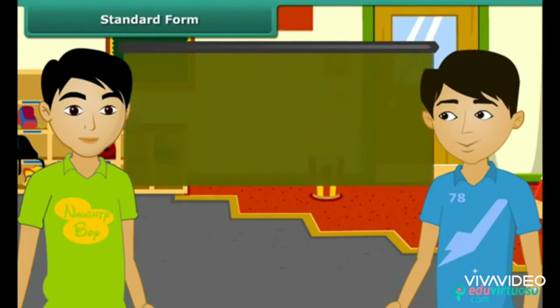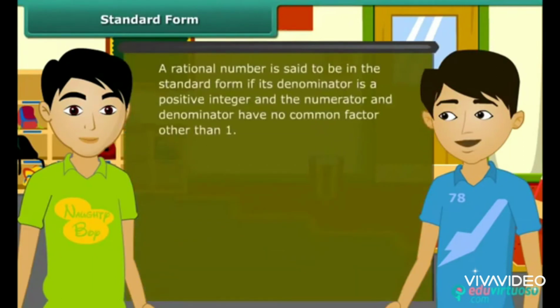Now let's see the standard form. A rational number is said to be in standard form if its denominator is a positive integer and the numerator and the denominator have no common factor other than 1. Let us see an example. Suppose 3 upon 5, minus 2 upon 7, and minus 7 upon 11.